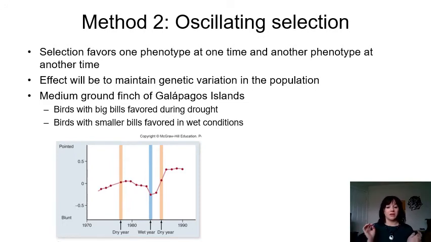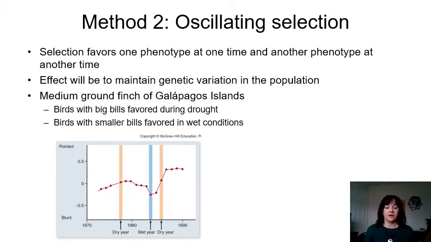Now, say you had a climate change occur, and for decades you have dry environments, right? That's not oscillating selection anymore, right? Because the environment has permanently changed, and now there is one trait that is definitely more advantageous, having the big bills. And again, if you remember, why is it that big bills were beneficial?